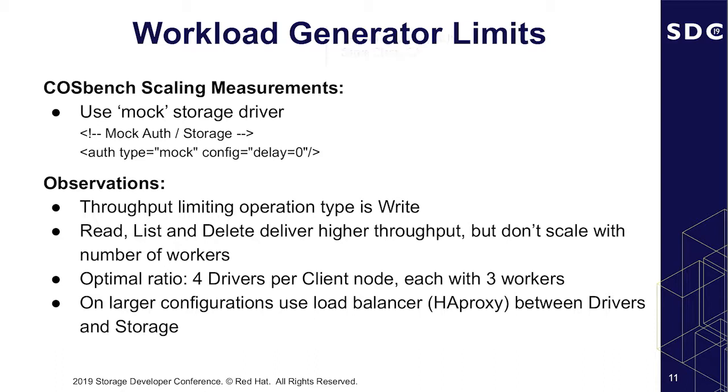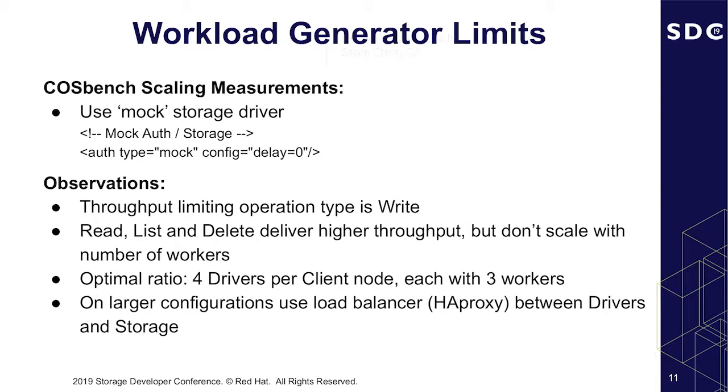I eventually was able to look at this enough where I came up with an understanding of what I would consider, I use the word optimal here for ratio. Maybe it's better as a suggested ratio. But you really want to be careful about throwing too many drivers per hardware node and then getting very misleading results back from Koz Bench. So a rule of thumb here is to ensure that the workload generation side is not a bottleneck.